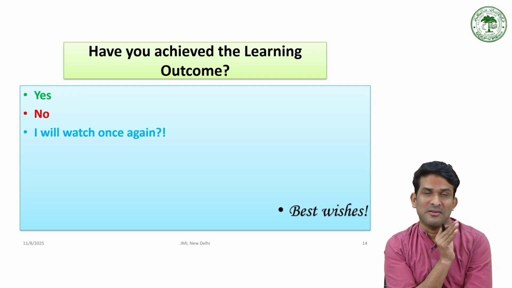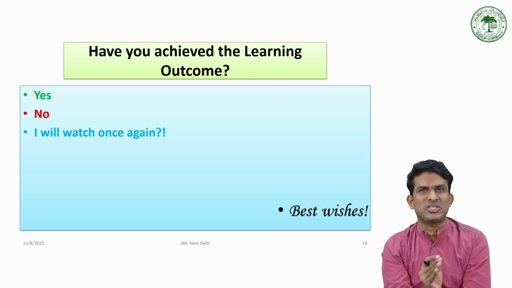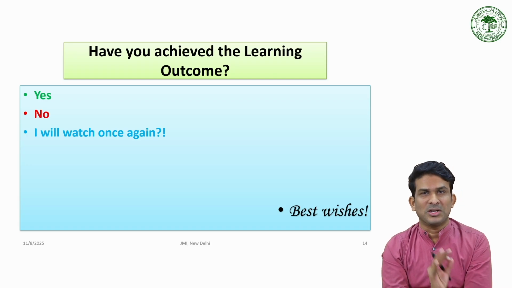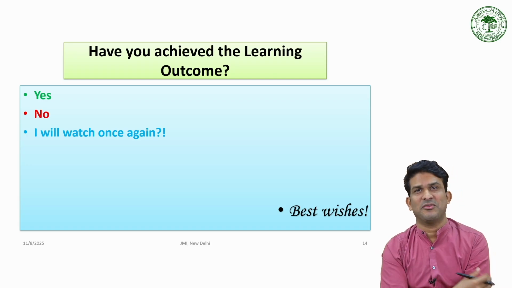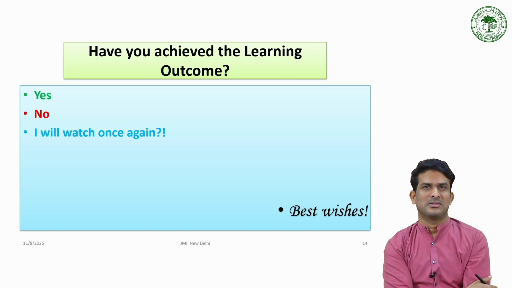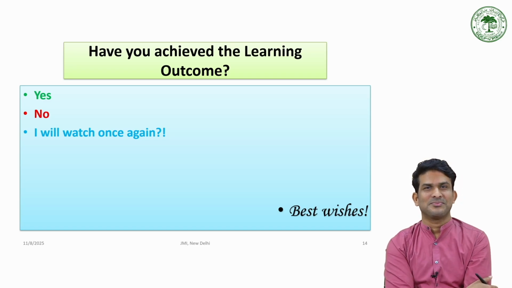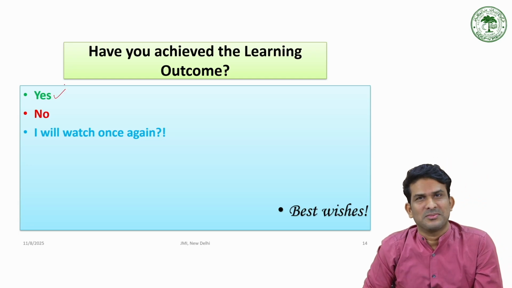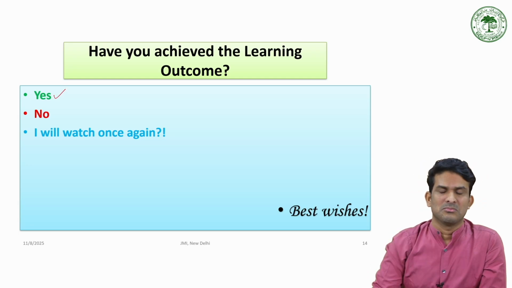In my lecture regarding chi-square, I have just discussed the basics of the chi-square test: what it is, what is the significance of the chi-square test, and its assumptions. Did you get it? Sometimes your opinion would be yes. I'm so happy if it is.